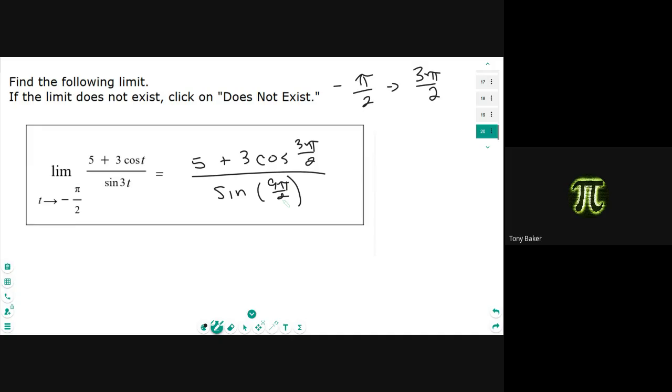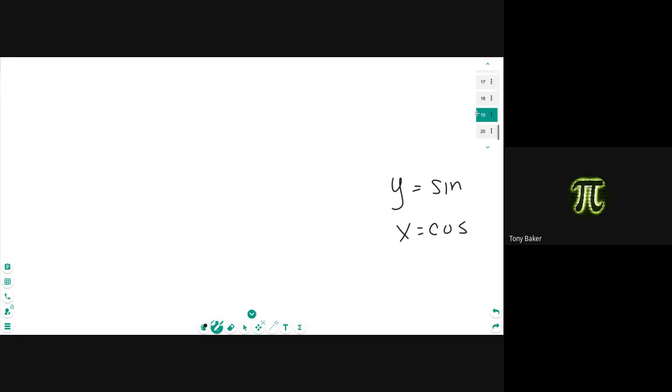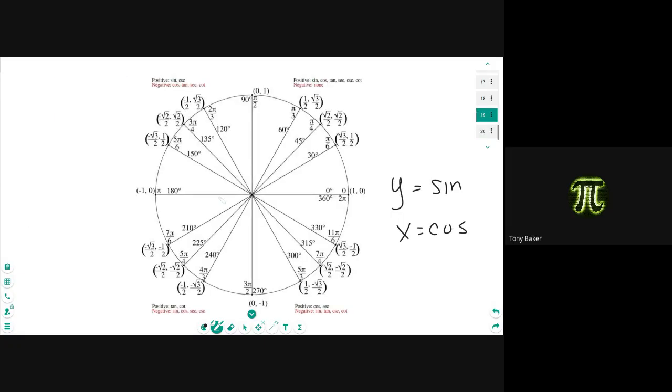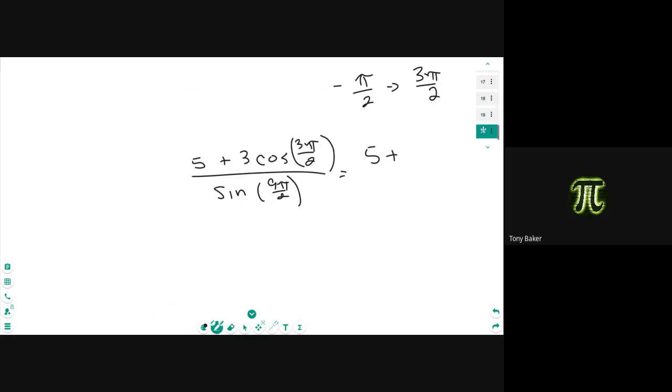I'm going to go around the circle a couple of times. So if I go to my unit circle, cosine is your x value, so cosine of 3 pi over 2 is 0.